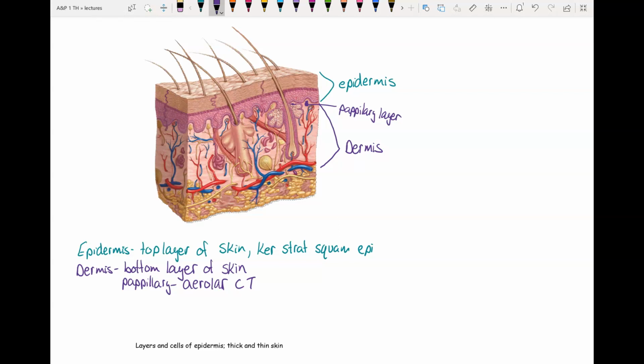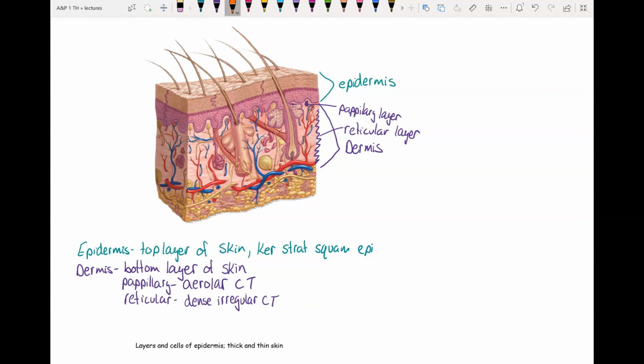Then all the rest of it, all this part of dermis, is the reticular layer. And the reticular layer is made of dense irregular connective tissue. And this is what gives skin its strength and flexibility.